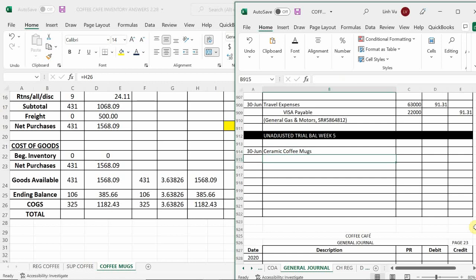I want to be very specific, because my inventory contains my regular coffee and my Supreme coffee, and I have a sub-account called the ceramic coffee mugs, so that's exactly where I'm going to place them, account number 15050. And what was my ending balance? It was $385.66.